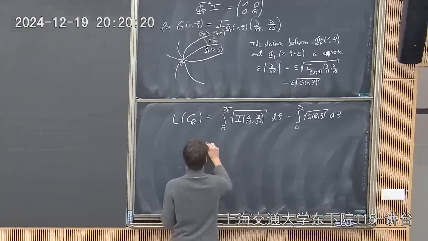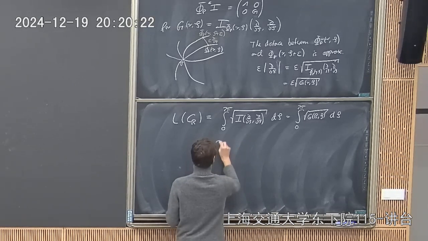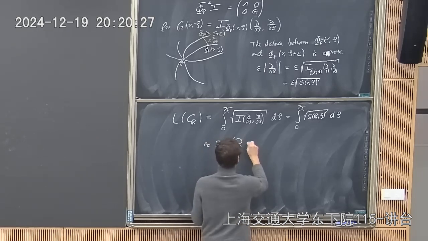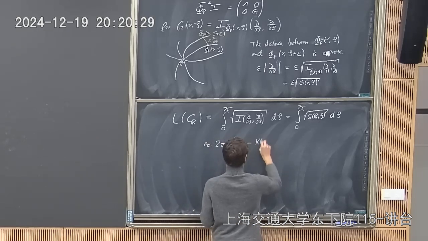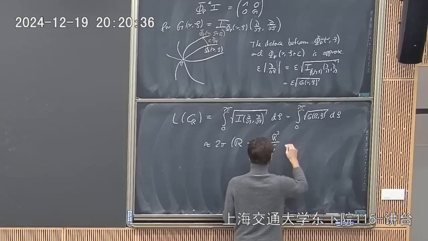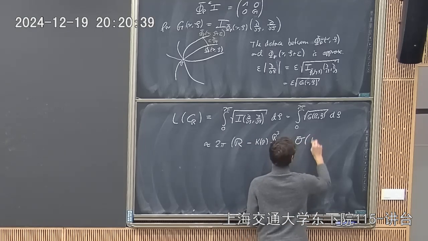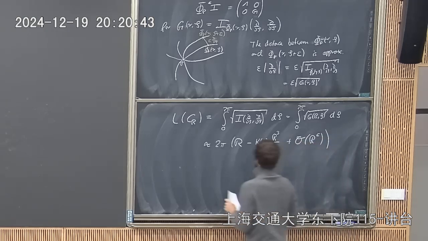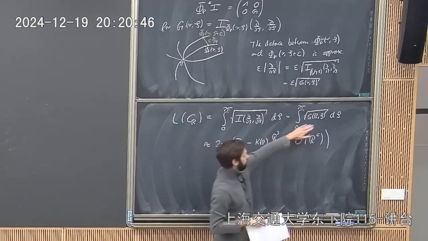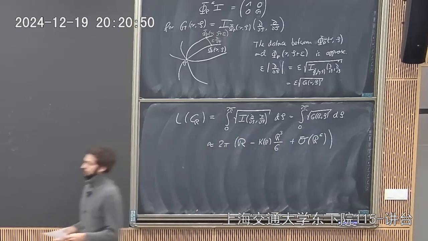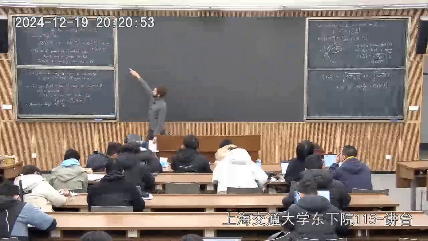So this is approximately 2 pi times the radius, minus K of the point times r to the power of 3 over 6, plus some higher order contributions of the radius, because this expansion is independent of phi.